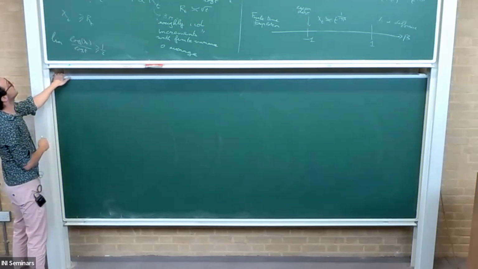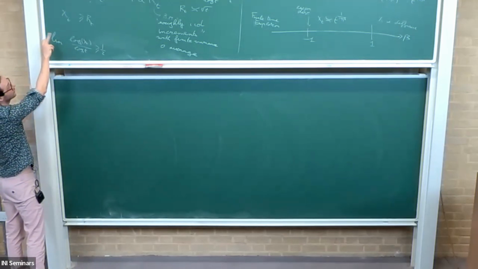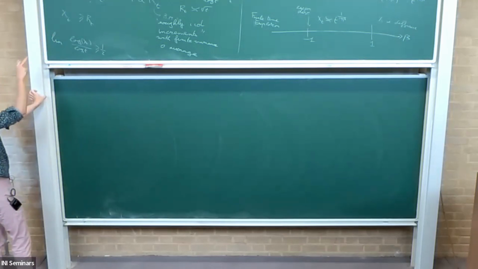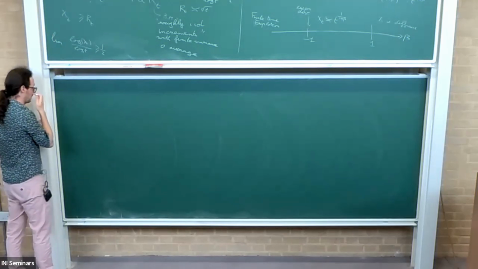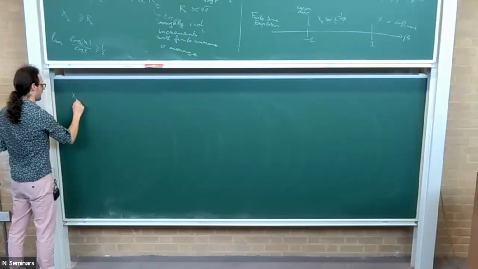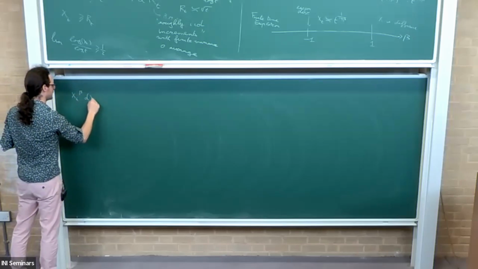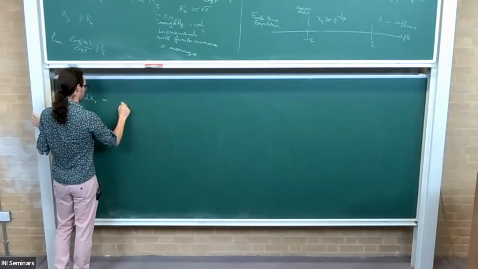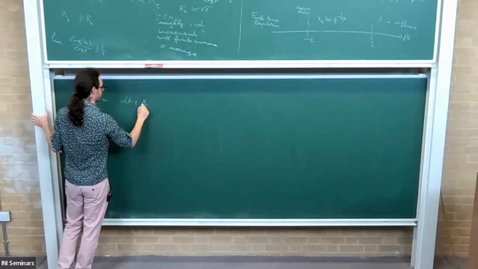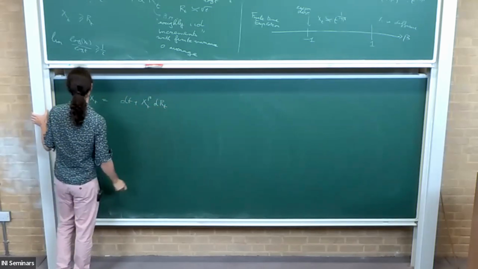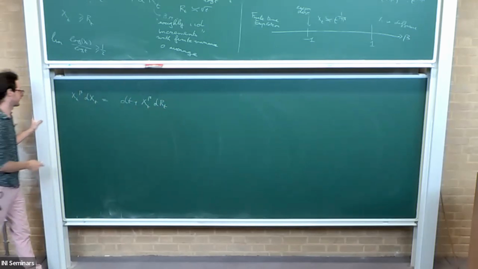Okay, so essentially the idea is you want again to multiply, as in the deterministic case, by xt to the beta. You integrate. Okay, and that gives you something. What does it give you? That gives you that xt to the beta dxt is equal to dt plus xt to the beta dRt, which you now want to integrate.